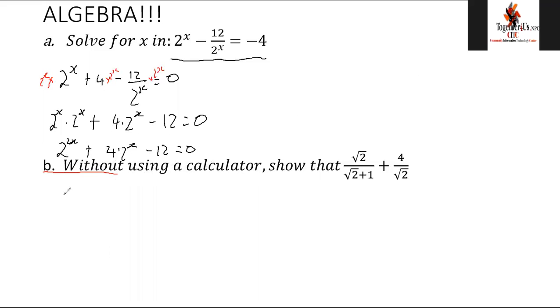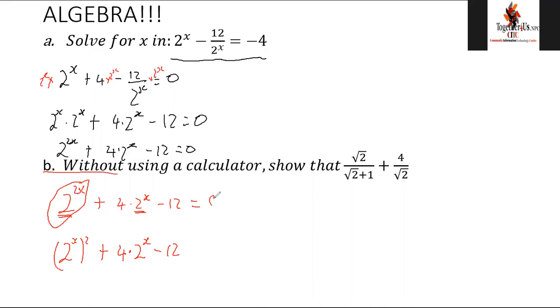Now, if you look at 2 to the 2x plus 4 times 2 to the x minus 12, something is common here, and it is the exponent x and a 2. So I can actually rewrite this entire thing here as 2 to the x, squared, plus 4 times 2 to the x minus 12.